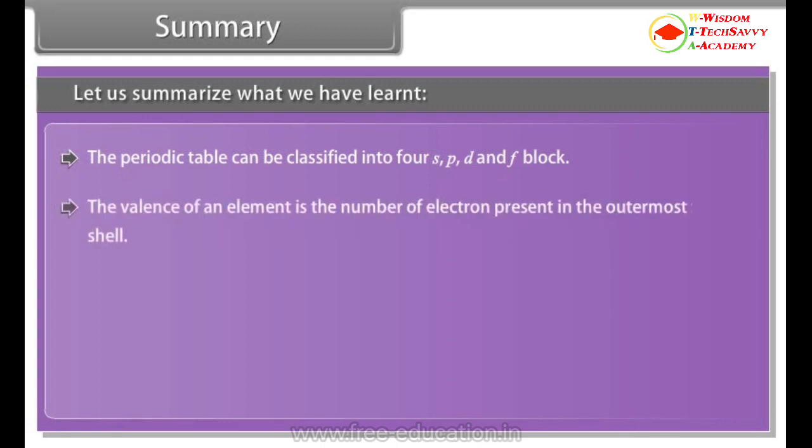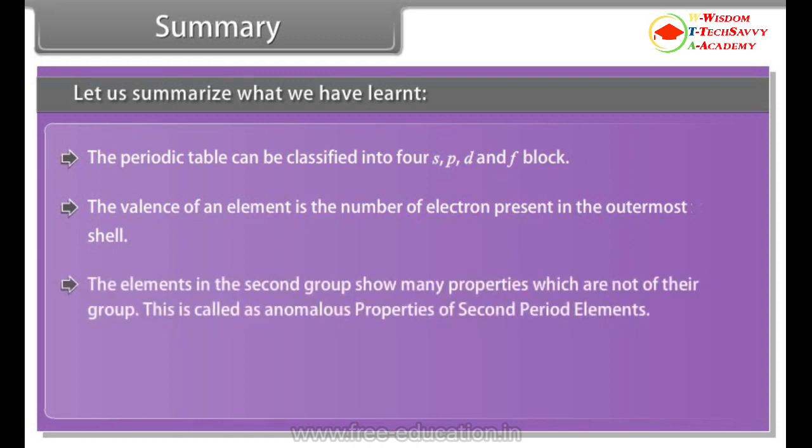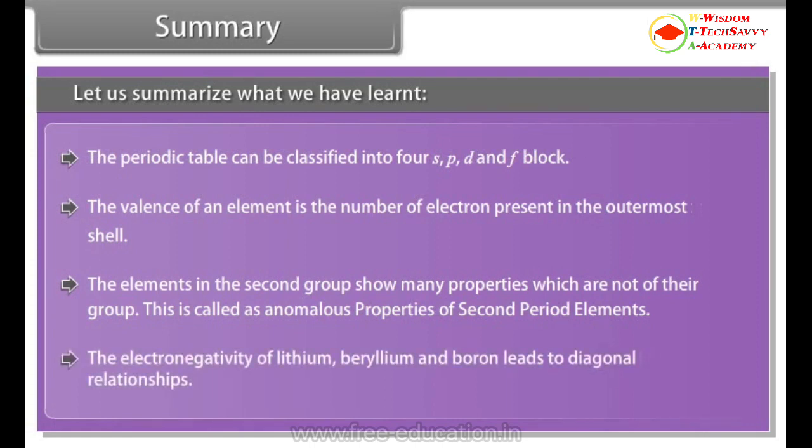The valency of an element is the number of electrons present in the outermost shell. The elements in the second period show many properties which are not found in the rest of their group. This is called anomalous properties of second period elements. The electronegativity of lithium, beryllium and boron leads to diagonal relationships.